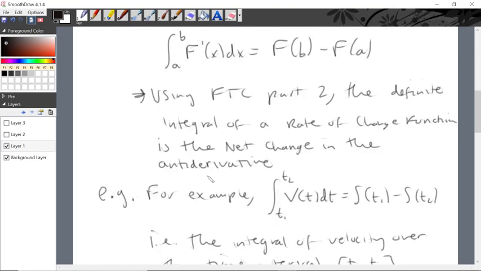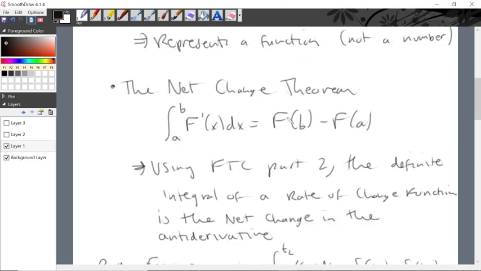Okay. And the other thing is to recognize that by the net change theorem, take a look at the units that you get out of your integrand and pay attention to the units for the differential as well. The units for the differential are the same as the units for the bounds, because these bounds, A and B, have to be quantities for the variable of integration. They're related to each other.